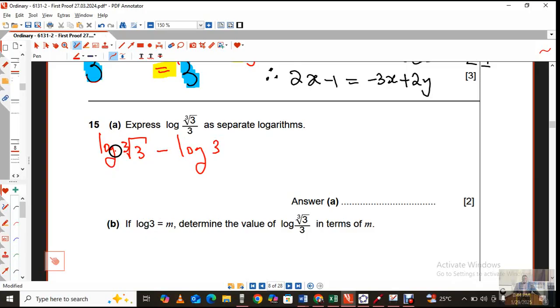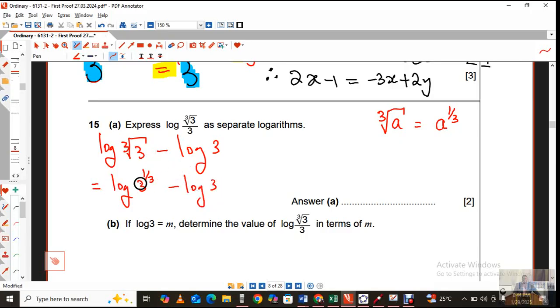If you were to calculate further, the cube root of something is the same as that something raised to the power of a third. Please remember that. So that means this is log 3 of 3^(1/3) minus log 3.